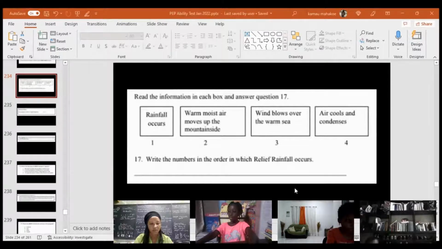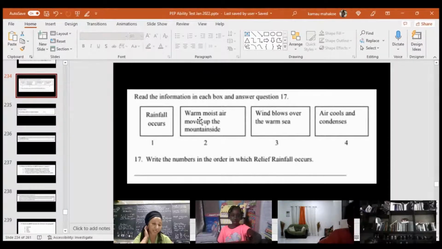All right, so I'm seeing 1, 2, 3, 4. I'm seeing 3, 2, 4, 1 again. So let's look at it. The first thing that would occur would be the wind blows over the warm sea, and then the warm moist air moves up the mountainside.